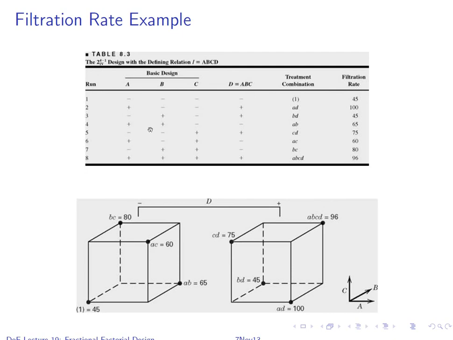There should be a case where they're all low. Let's see, so it's BCD that we're looking at. So here's BCD is high, in this case where A is high.